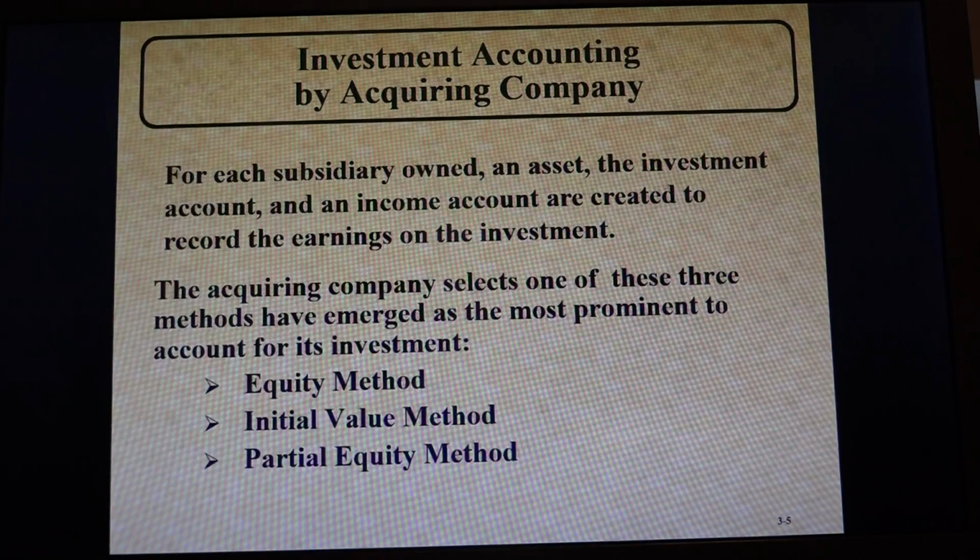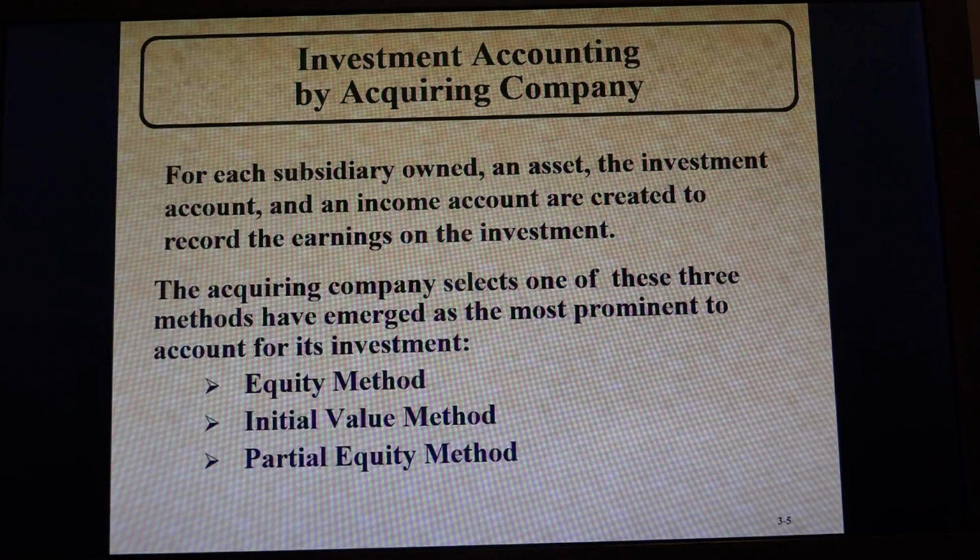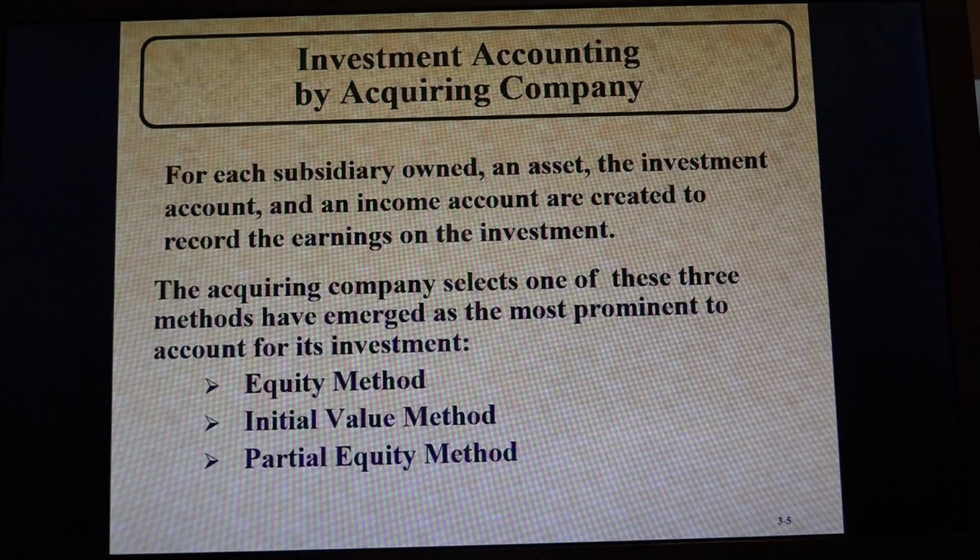Now the initial value method, a little different. Basically, all you're doing is keeping it on the books at its cost, and then you wouldn't report any income. You would just simply report... I take that back.